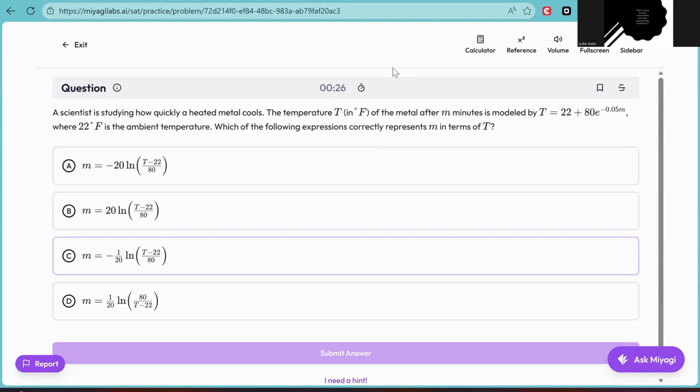The temperature T in Fahrenheit after M minutes is modeled by T equals 22 plus 80e to the power of negative 0.05M, where 22 Fahrenheit is the ambient temperature. Which of the following expressions correctly represents M in terms of T?